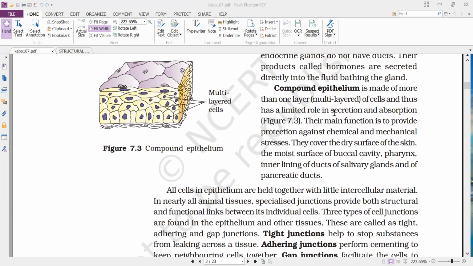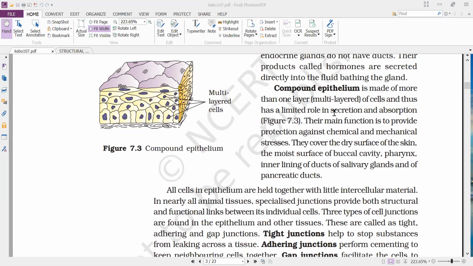When you observe the compound epithelium, if two or more layers of epithelial cells are present, such epithelium we call a compound epithelium. That's why we say multi-layered epithelium also. So it is made of more than one layer of cells and thus has a limited role in secretion and absorption.